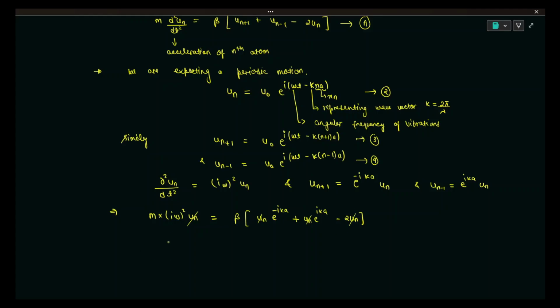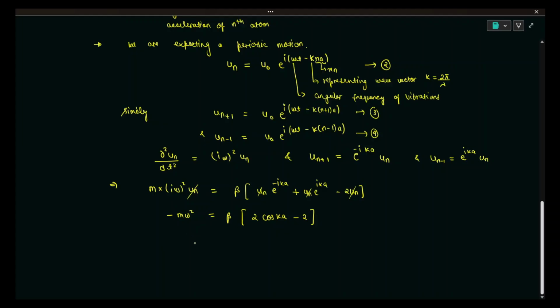What we are left with is minus m omega square equal to beta, and we can write this as 2 times cos ka minus 2, or we can write omega square as 2 beta divided by m times 1 minus cos ka.